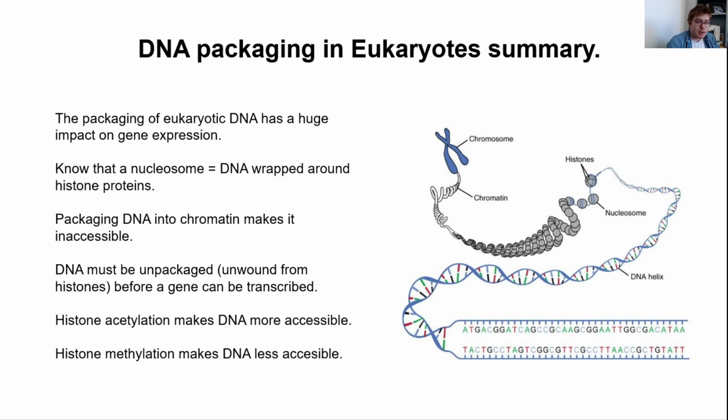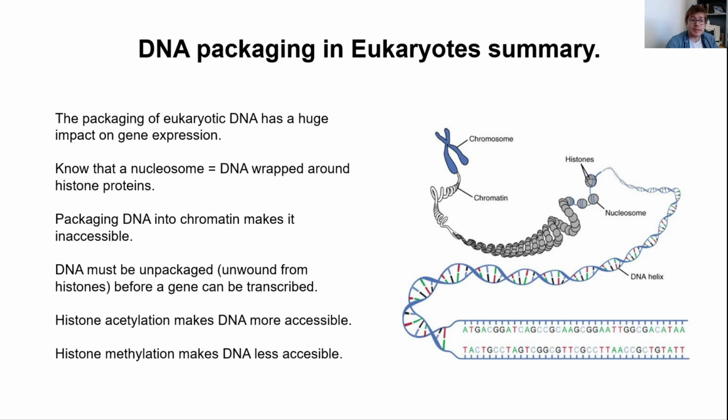So to sum up this part, the lecture on DNA packaging in eukaryotes, you need to know that the packaging of eukaryotic DNA is going to have a huge impact on its gene expression. You need to know that nucleosomes are the units in which DNA is wrapped around histone proteins, and that this packaging of DNA into chromosomes is going to make it inaccessible on its own. So we have to have ways of unpackaging the chromatin structure to some degree to get access to the genes inside.